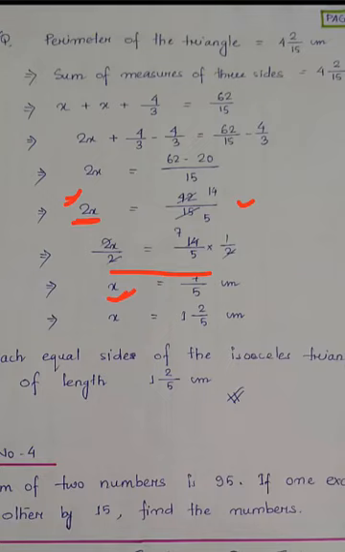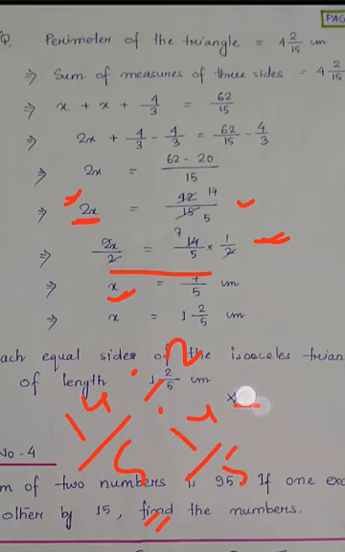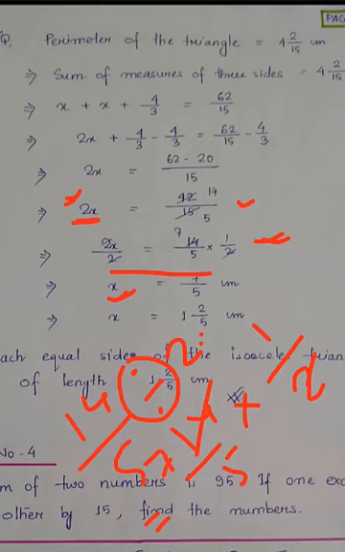On the right hand side, if 14 by 5 is divided by 2, this 2 gets converted to 1 by 2. This you know already. So 2 7s are 14. This will give us the result 7 by 5.